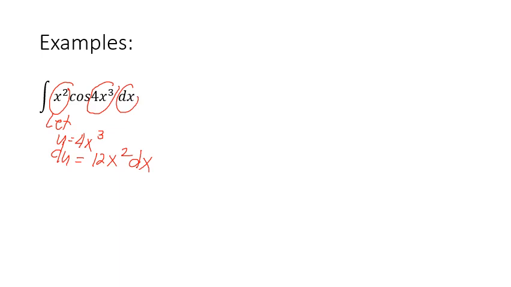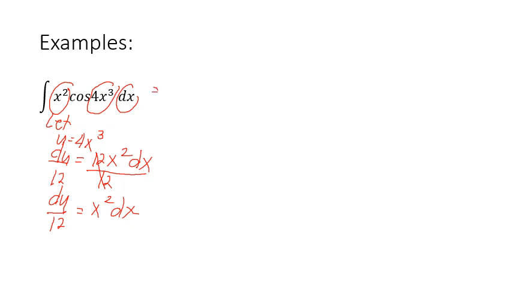So I can simply isolate x squared dx so I can substitute it in terms of u. So I have du all over 12 is equal to x squared dx. So simply, I can substitute these variables in terms of u.